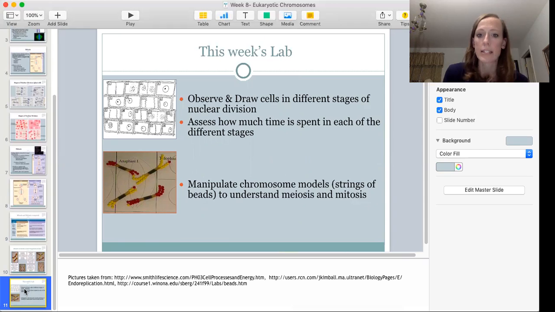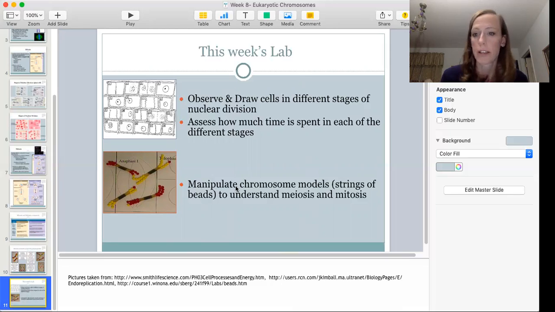Okay. All right, so that's basically the gist for this week. You're going to be looking at cells in the onion root tip for our plant cells, and then parascaris for the animal cells. And you're going to be drawing and counting the numbers of cells that you find in each of the different stages of nuclear division by way of measuring how much time the cells spend in each of the different stages of nuclear division.